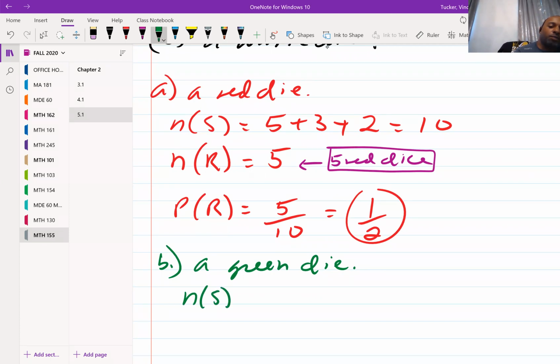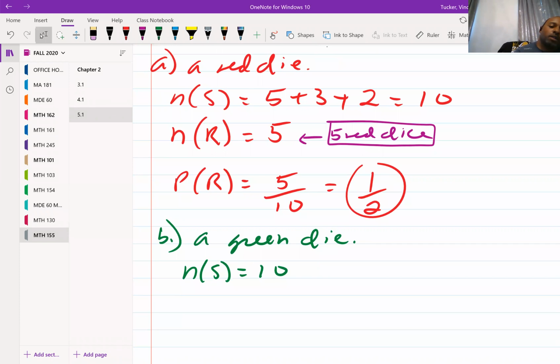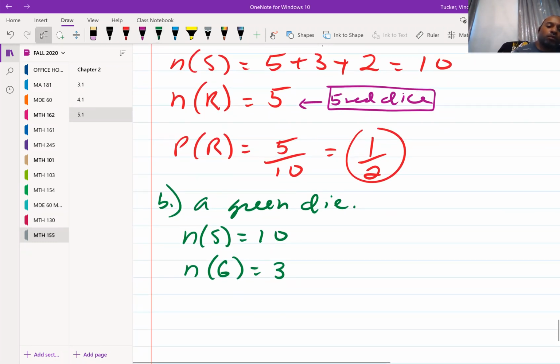We're still dealing with the same problem, so our bottom number is still going to be 10. This time we're looking at the number of green dice, and that was 3. The probability of getting a green die would be 3 out of 10.